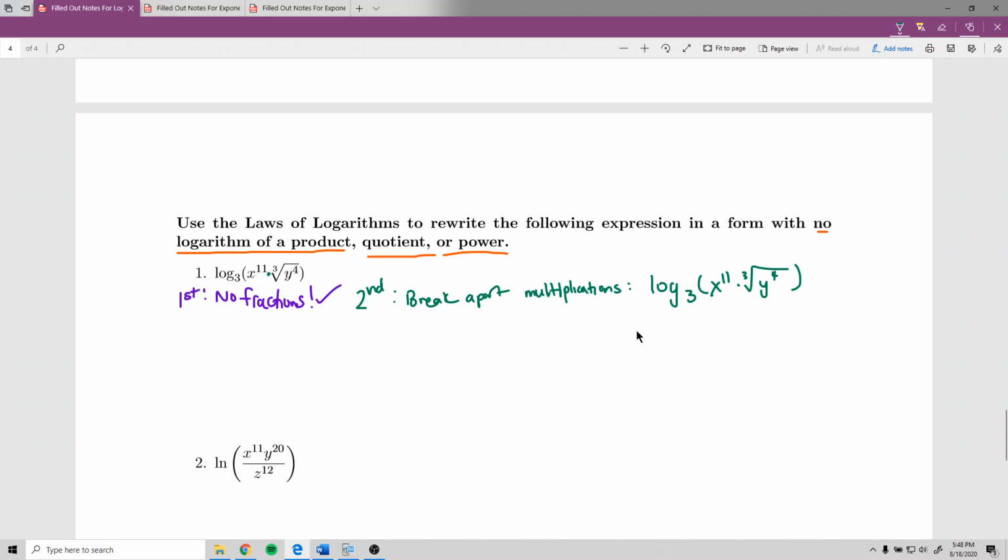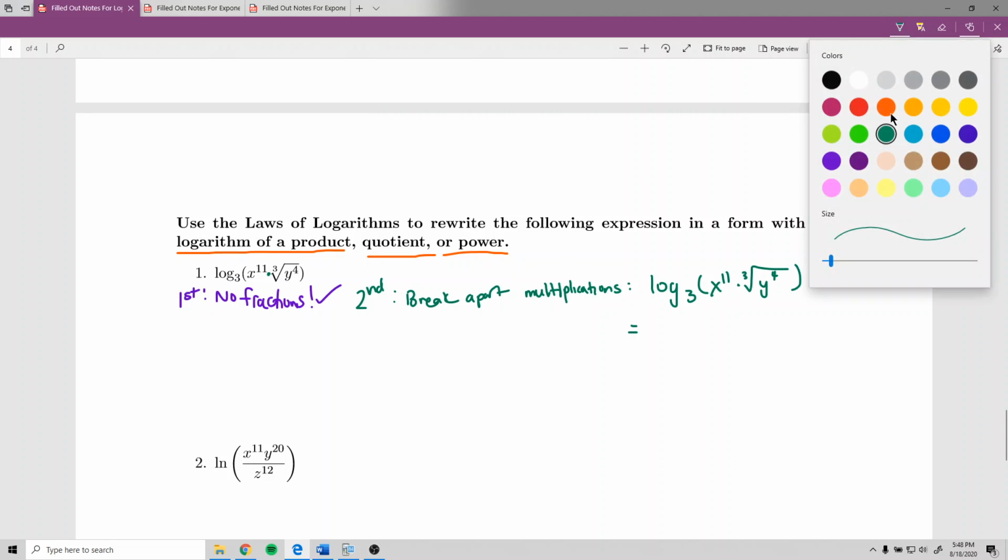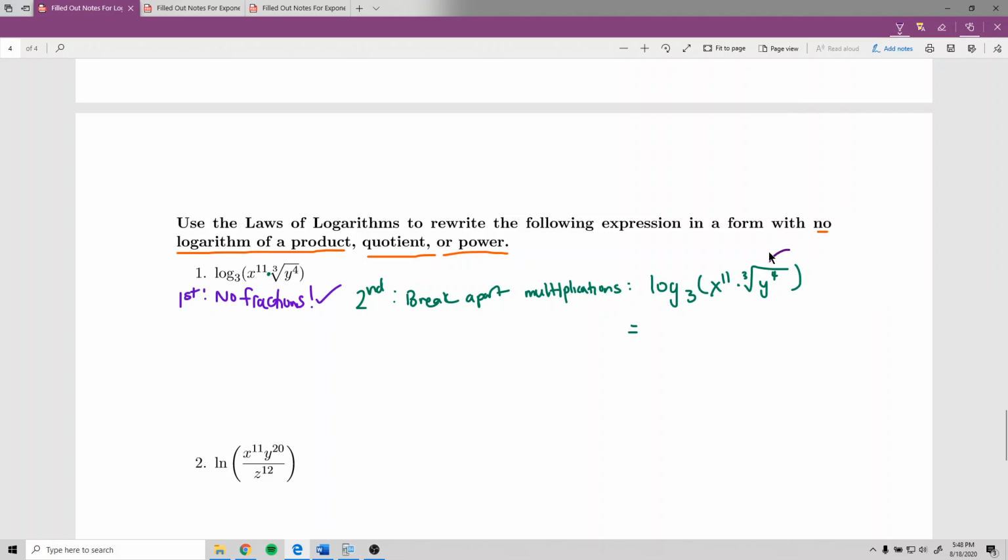Now, one thing I want to remind everyone is that we can do this now or later. It doesn't matter, but I'm going to do it now. I'm going to go ahead and rewrite the radical as an exponent. It doesn't matter if you do this now or in the next step.